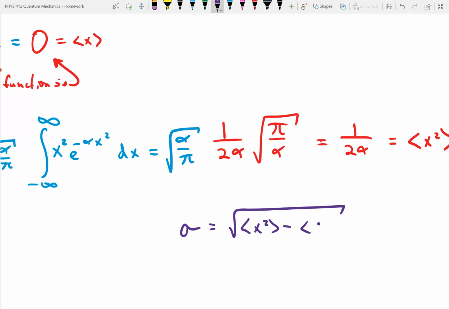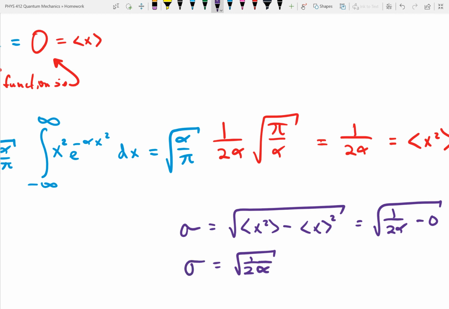Well, 1 over the square root of 2 alpha. I had to put in the 0. Remember me being a pedant here. I couldn't leave it without. It's exactly what you said.